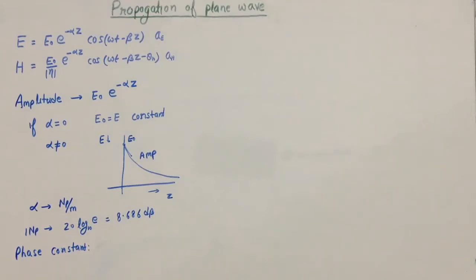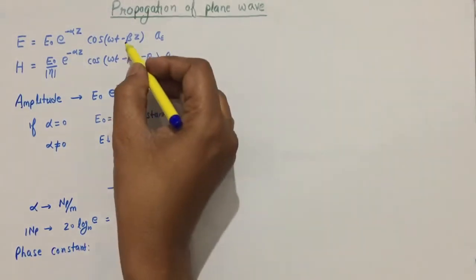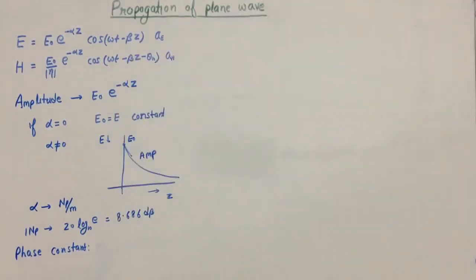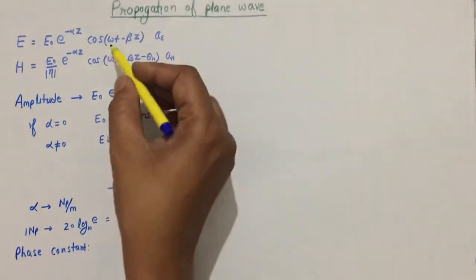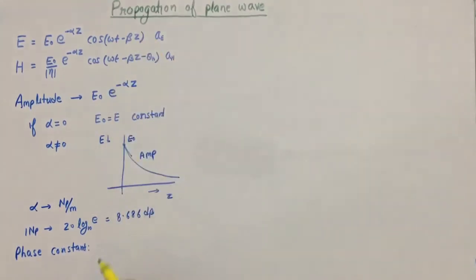Now after the attenuation constant, let us talk about beta, that is the phase constant. This part is the phase part, that is omega t minus beta z, and beta here is the measure of phase shift per meter, or we can say phase shift per length, and is called the phase constant.